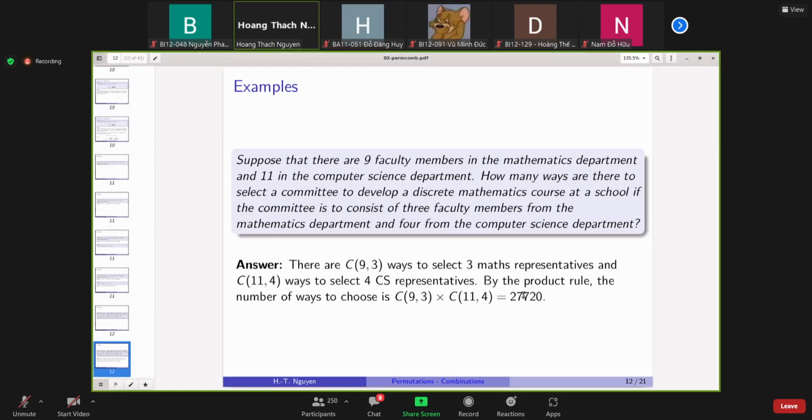Even if you have not many members of the 2 different faculties, 20 in total, the number of possibilities is huge in comparison.